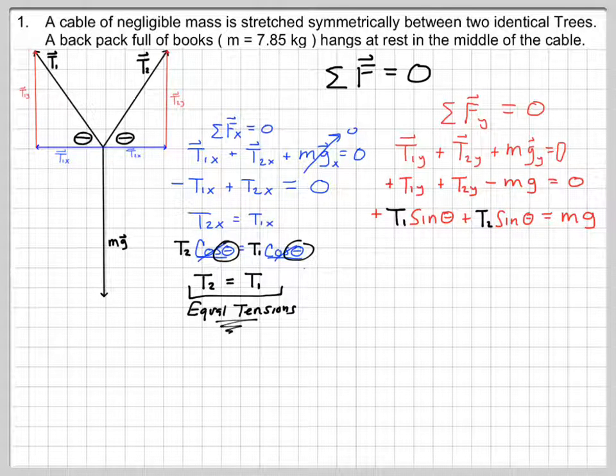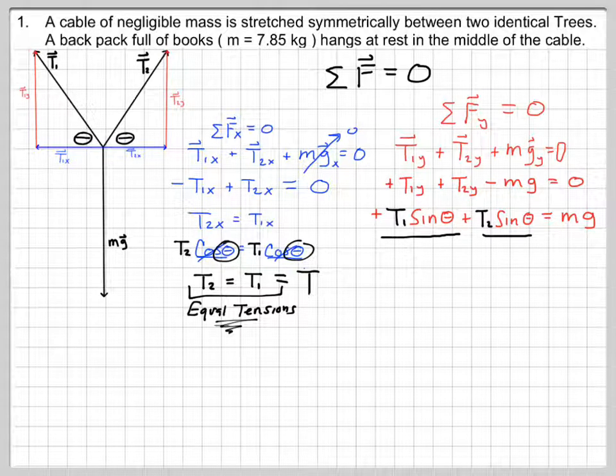So now I notice that this T1 sine theta and that T2 sine theta, they are the same. So let's just call the tension T. It's completely legitimate.